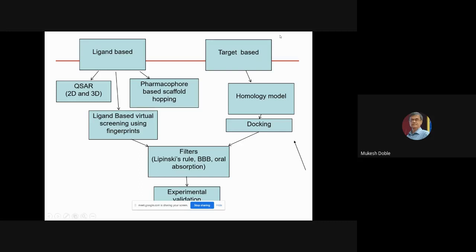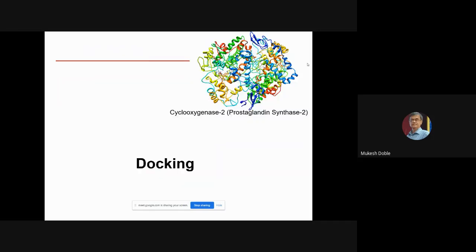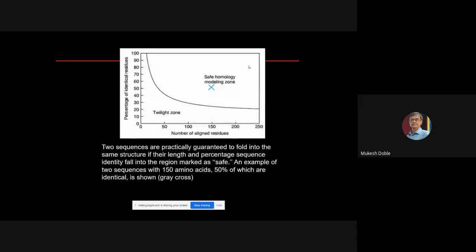Okay, and then whatever modeled protein, we have to see how good the quality of that modeled protein is. So the whole concept of homology comes because it's been found that if you are comparing 100 to 200 residues, and if you get more than 35% similarity between these two sequences, then we can assume that the structure is conserved.